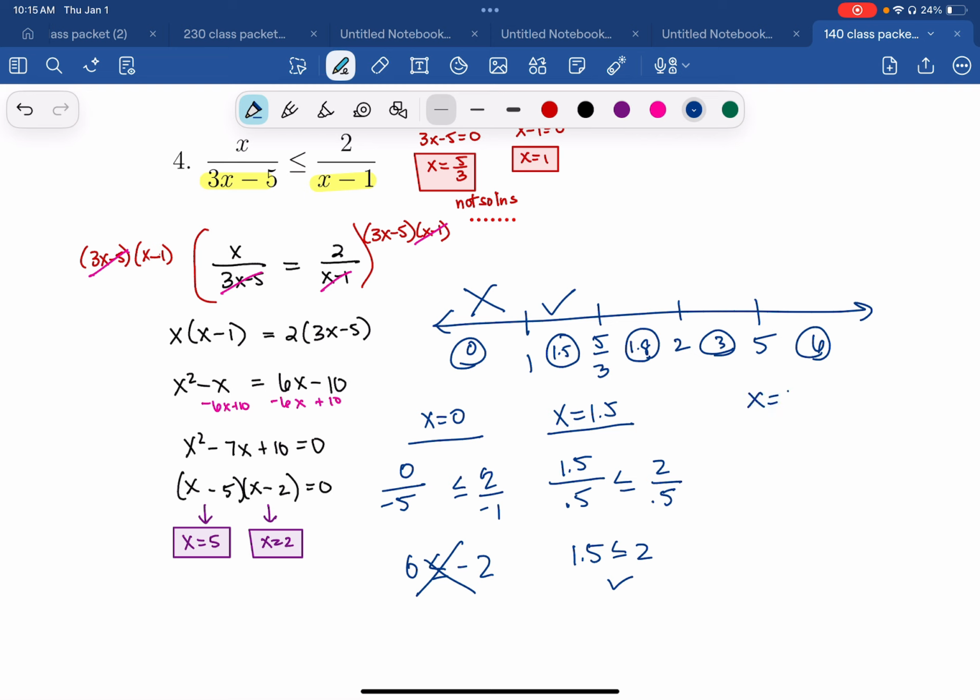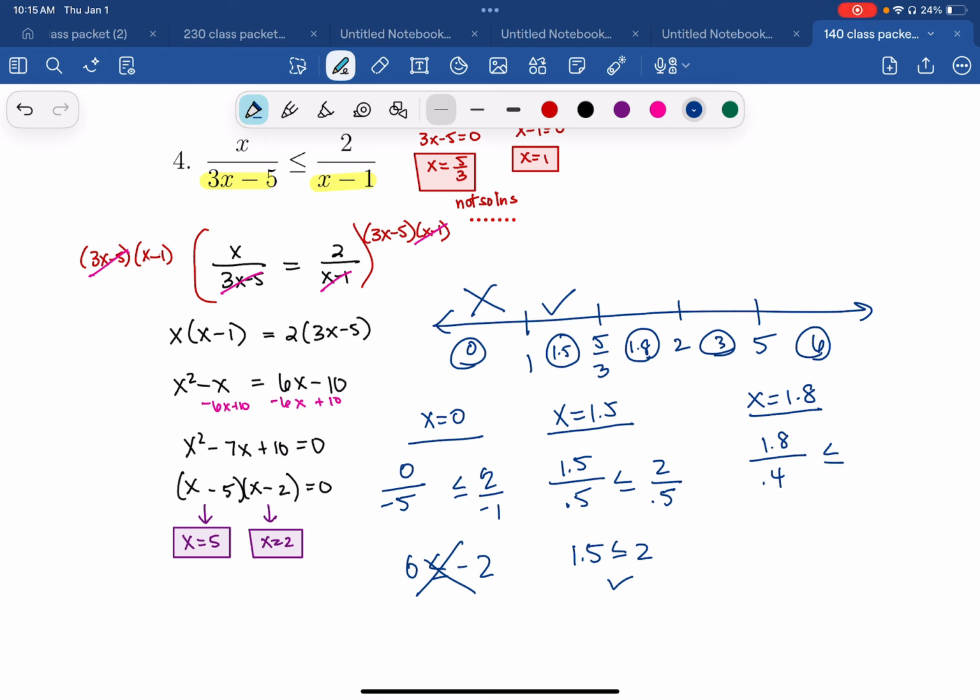Next, x equals 1.8. Let's see, 1.8 divided by 3 times 1.8. So that's like 3 times 18, so that is 30 plus 24, so 54. So 5.4 minus 5 is 0.4 on the bottom.